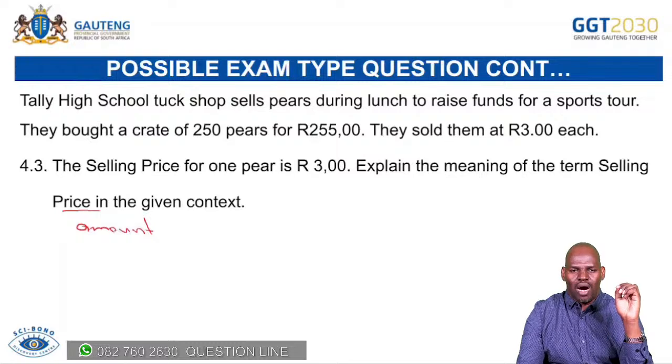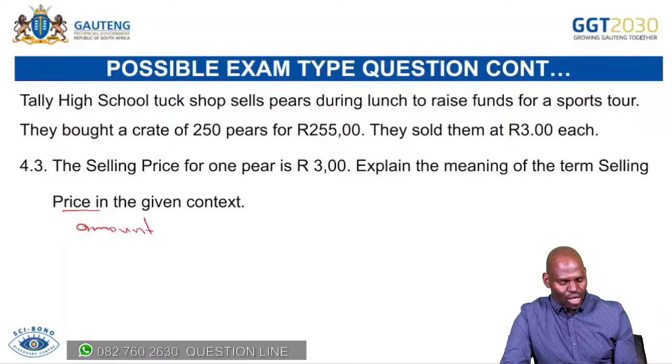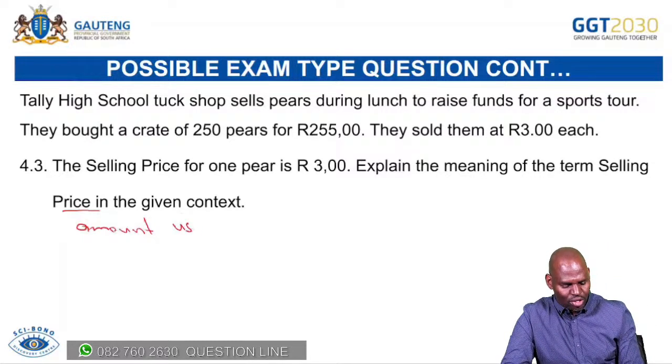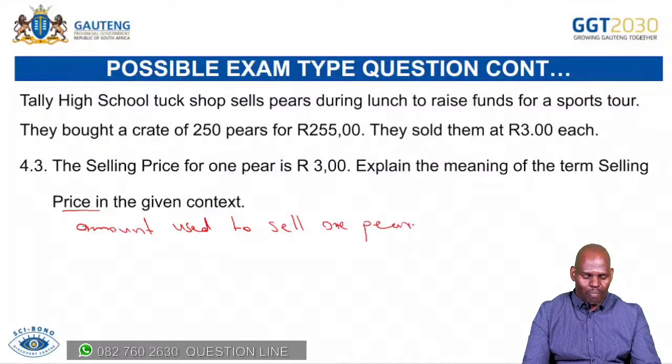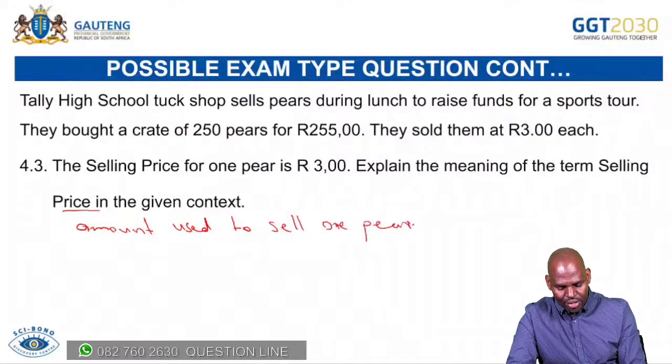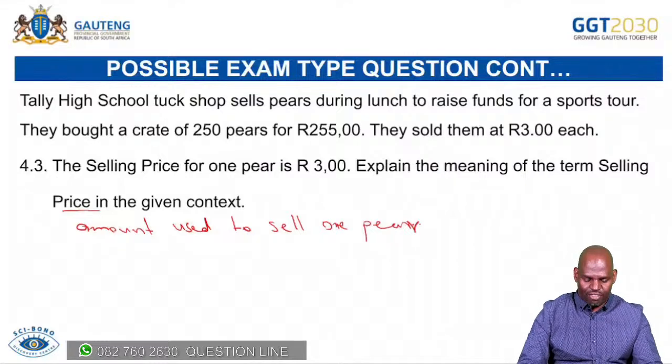In this case, it's going to be an amount used to sell 1 PA. It's not just an item, but we need to specify what type of item that is. An amount used to sell 1 PA, so that will be enough.